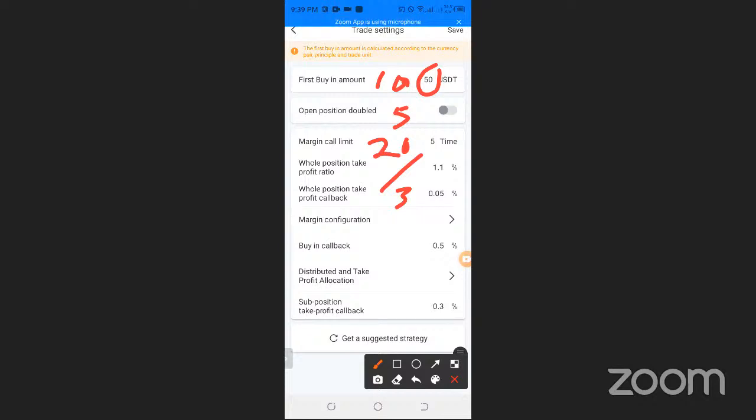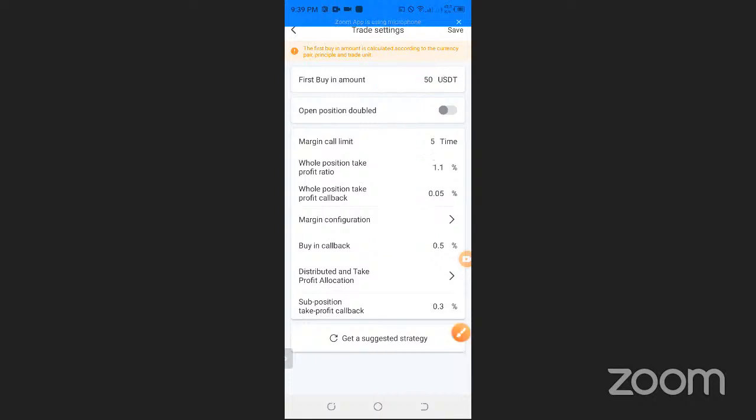No. If you divide $20 by 3, you'll have about $6.5 per coin, meaning that it has reduced the unit cost of that coin, and it has also reduced the floating loss. So it will not be very slow. Once the price of the coin picks up, it will be very quick for the robot to sell that coin to make profit, and the robot will sell and take your profit for you.